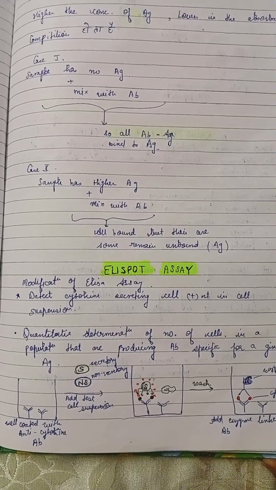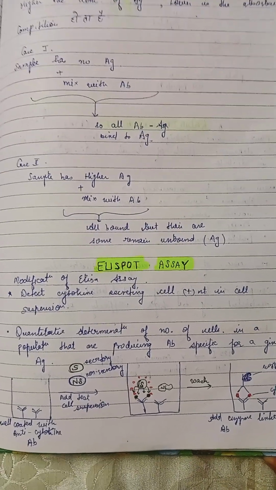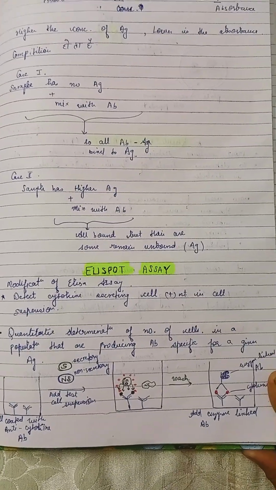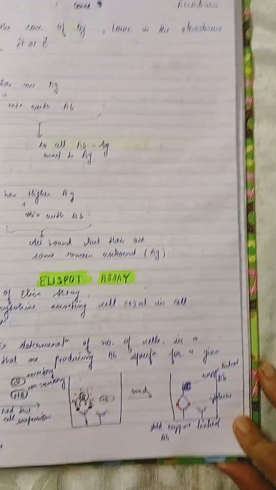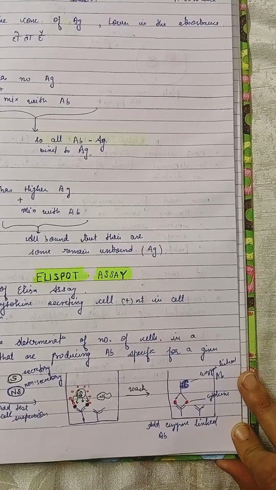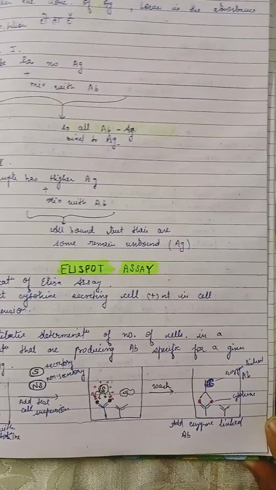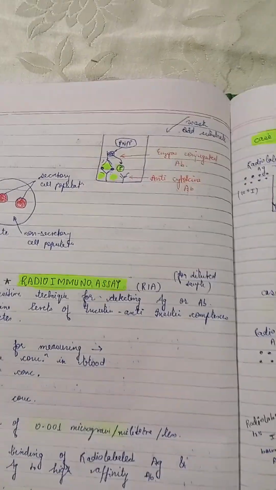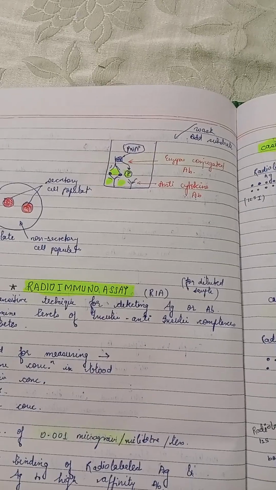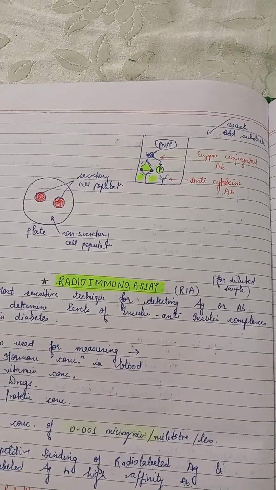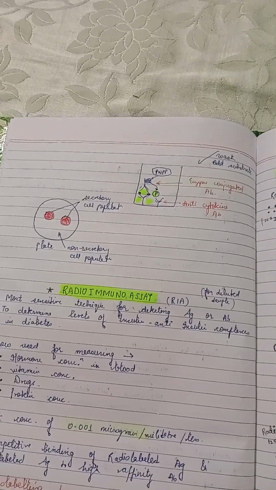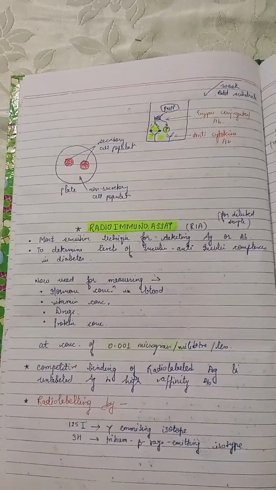Secretory cells bind to it and release the cytokine, however non-secretory cells remain unbound. When I wash it, I again link my secondary antibody with the enzyme, and this antibody is against the cytokine. Then you measure the color, and this is what the secretory cell population looks like, and the blank space is the non-secretory cell population.